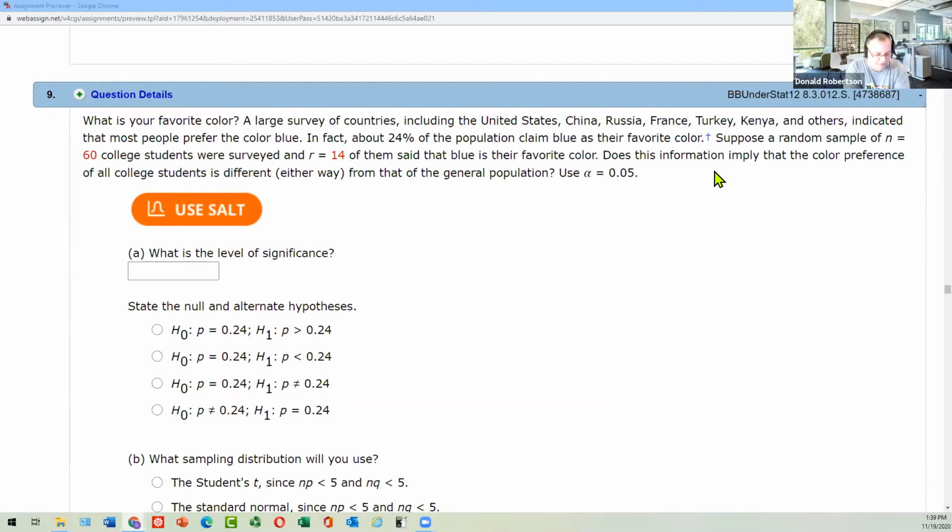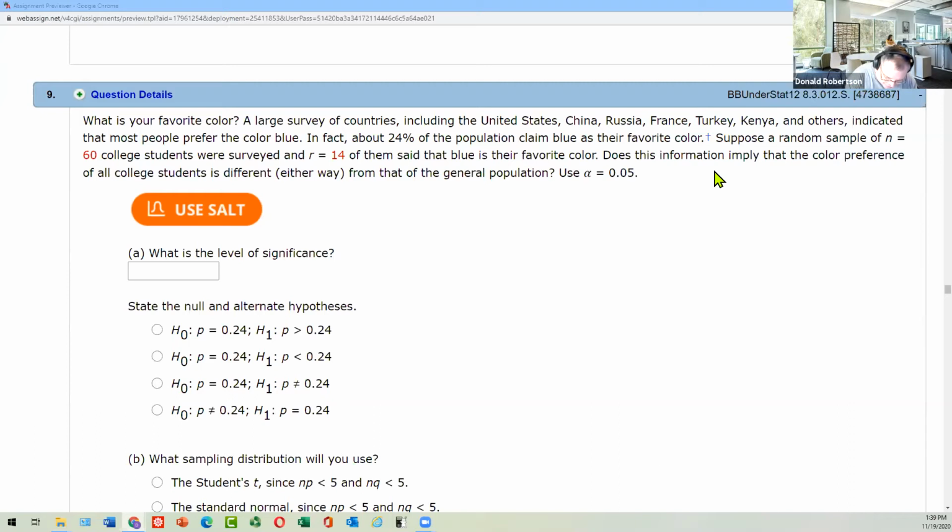Okay, you're going to get a chance to put a thumbs up here. How many of you have a favourite colour of blue? Okay, 2 out of 6. Kind of supports that argument. Now, suppose a random sample of 60 college students. So I've just done a random sample of you lot, right? And 14 of them, r equals 14, said that blue was their colour.